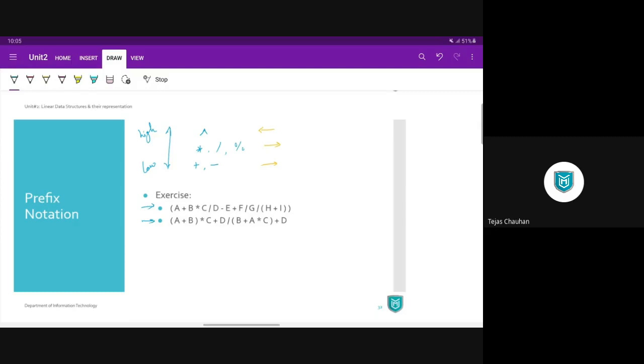E star and plus will be in the middle. Star AC, B star AC plus B star AC plus D divide D plus. Yes, I think Parthiv, this is the correct one for the second exercise. That's the correct answer.